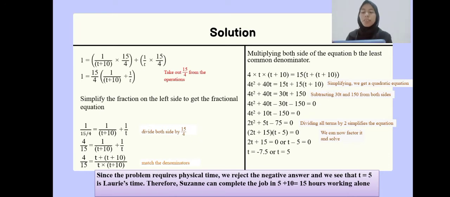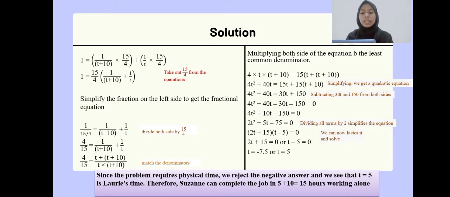So 4 over 15, match the denominators. So t plus 10 divided by t times t plus 10.